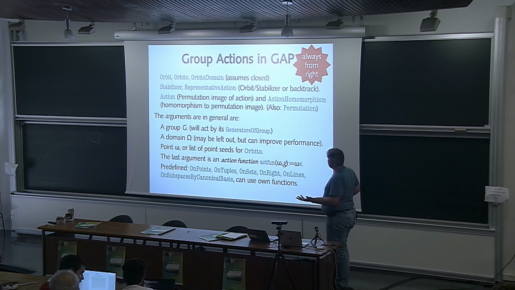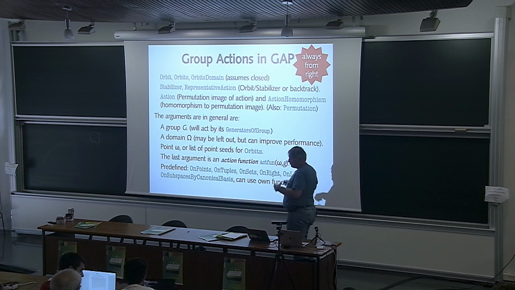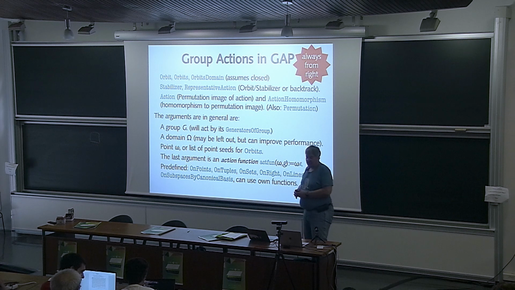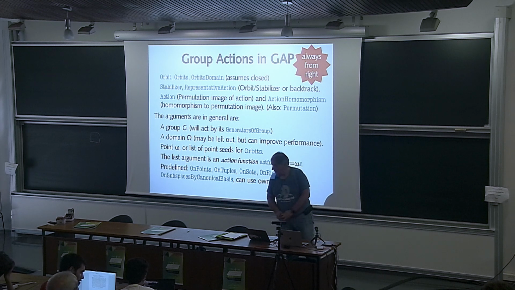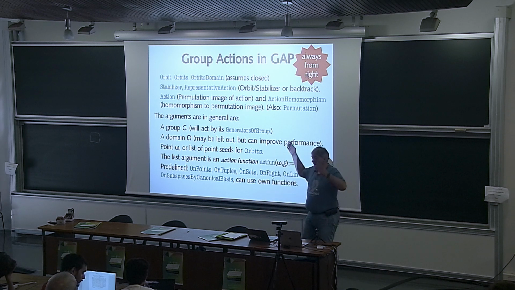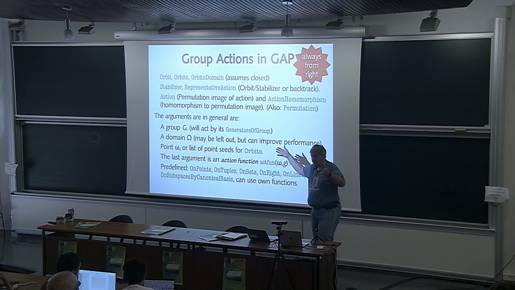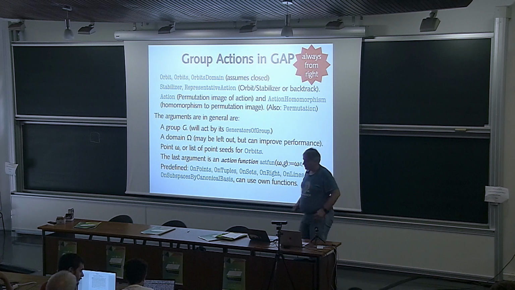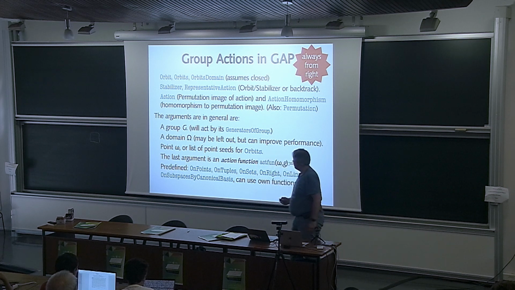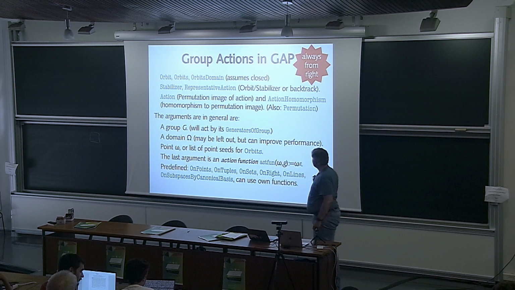Stabilizer, RepresentativeAction gives the transporter element. Action would be the permutation image of the action. I didn't write this out in detail, but if I keep track of how the generators move the points, I can write down the permutations for the action on the domain. And similarly, I get a homomorphism for the action.